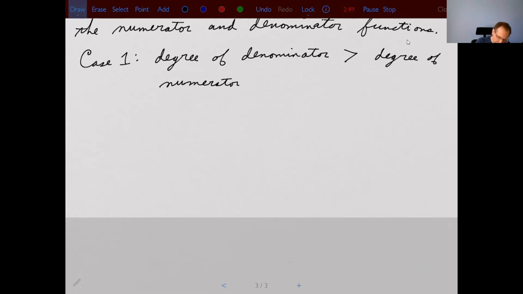Okay, so let me give you an example. For example, let's say we have a rational function and it's 2x minus 4, right? So that's our polynomial in the numerator over, say, x squared minus 3. That's our polynomial in the denominator. Well, the long-run behavior only depends on the ratio of the leading term in the numerator over the leading term in the denominator.